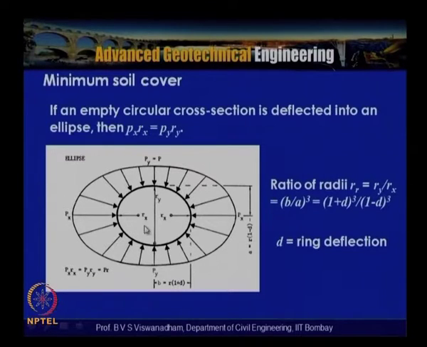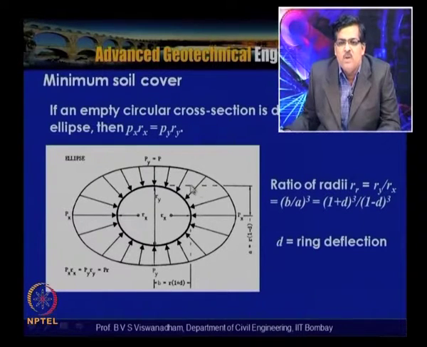Rx and Ry are the radii in the x and y directions, and the ratio of radii R suffix R is equal to Ry by Rx, where B is equal to R into 1 plus D, and A is equal to R into 1 minus D.